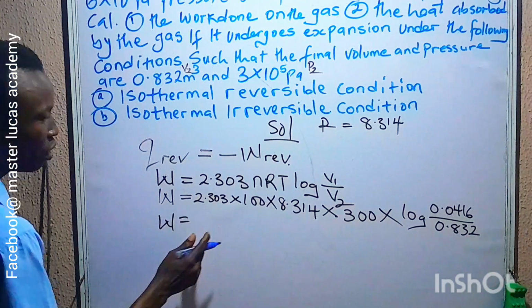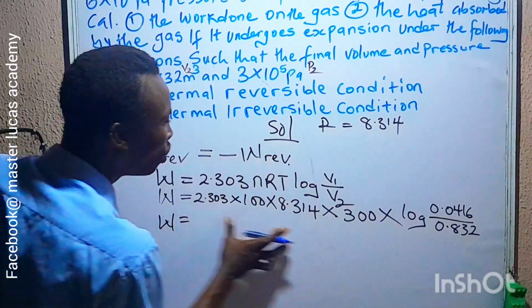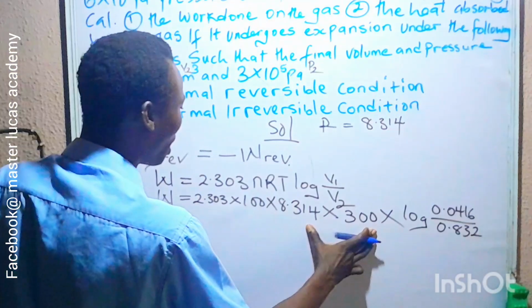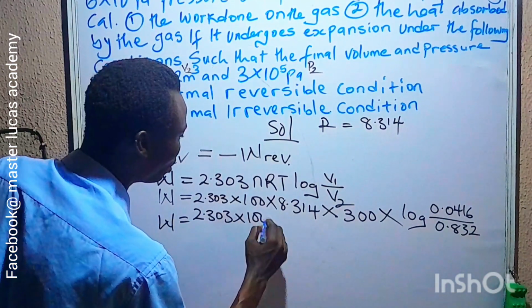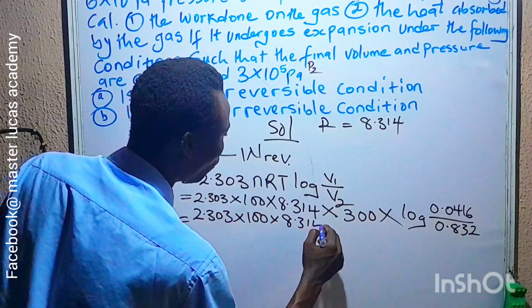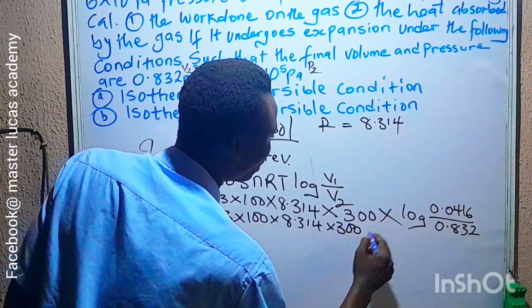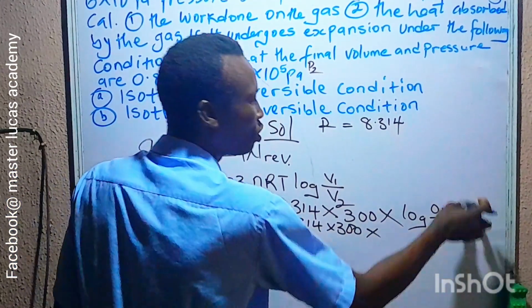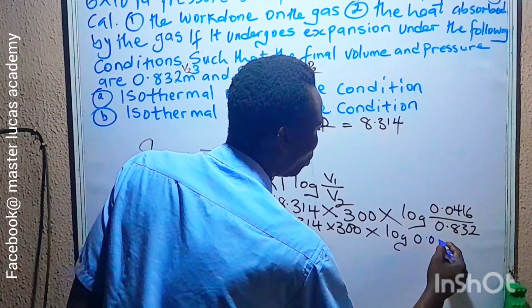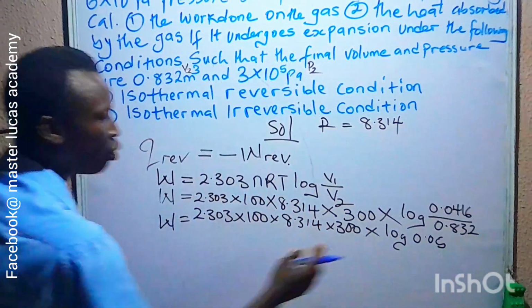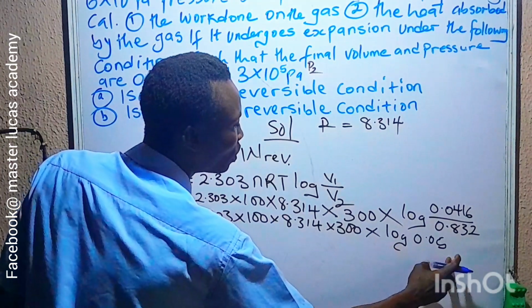What are you to do here? So you have to multiply all of them together. So that will be 2.303 times 100 times 8.314 times 300 times, now when you divide these, mathematics says that it will give you log of 0.05. Okay, so what will now be the value of log of 0.05?